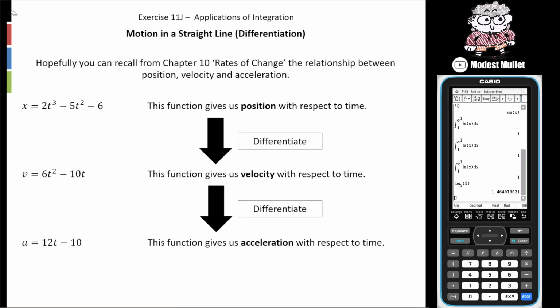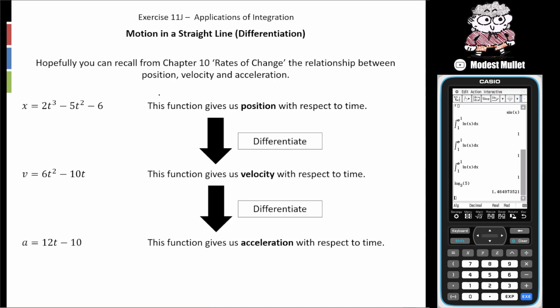Right, the other bit of applications that we do in Year 12 methods is motion in a straight line. So if you remember from chapter 10, which is our applications of differentiation, and I keep encouraging this, we always want to think of when we get the derivative, we're getting the gradient, but technically it's the rate of change of whatever function we're differentiating.